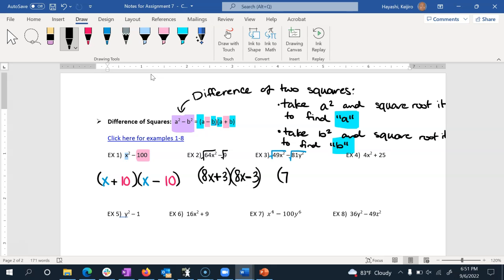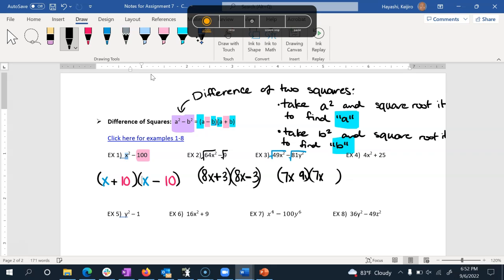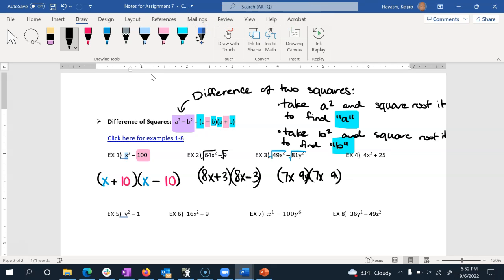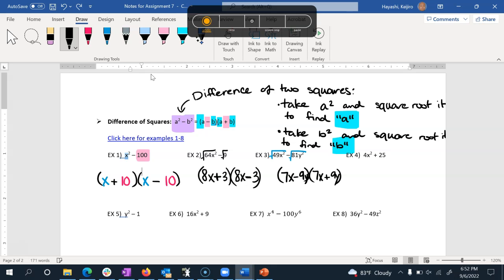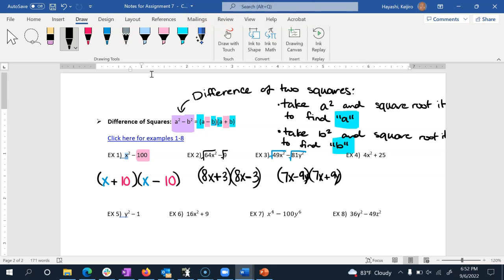Right, the 49 is going to give you 7, and the x squared is going to give you x when you take the square root. So that should go in front of each of the two factors. What about 81y squared? What will the square root of that be? 9y. So 9y. One gets a plus, one gets a minus. Alright, Mr. K, this isn't too bad.